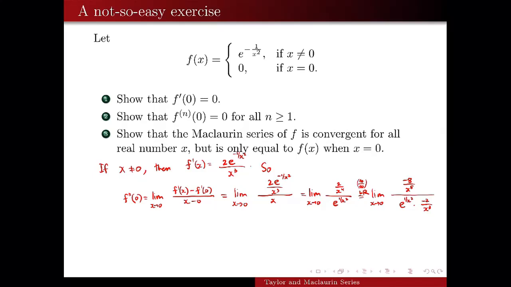And if we simplify this, you will get the limit as x approaches 0 of 4 over x squared divided by e raised to 1 over x squared.